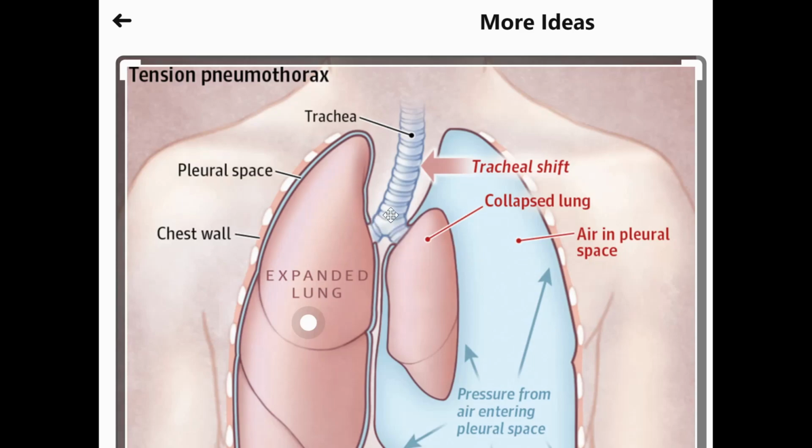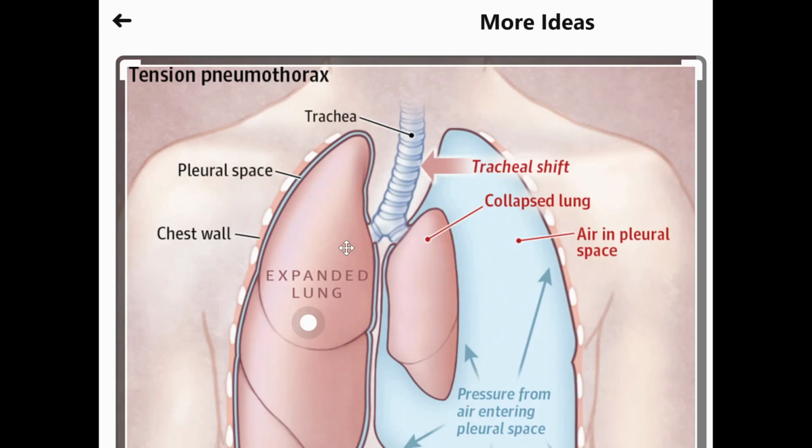The intrathoracic pressure increases, so the trachea and mediastinum, where the heart sits, are pushed towards the unaffected side. If you look at the trachea, there is a tracheal shift. It's not straight. It gets shifted to the unaffected side.